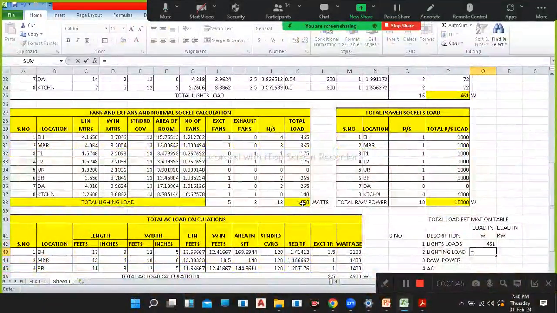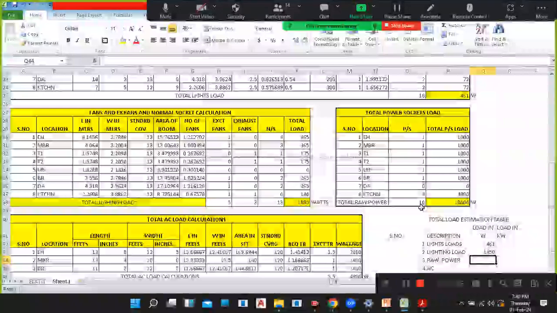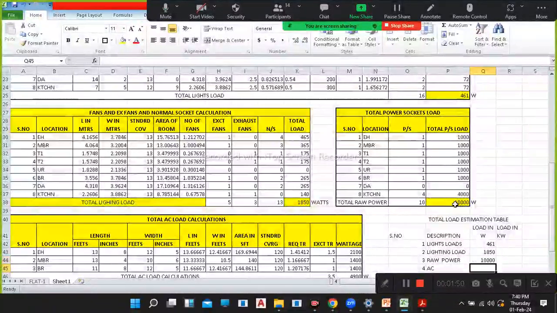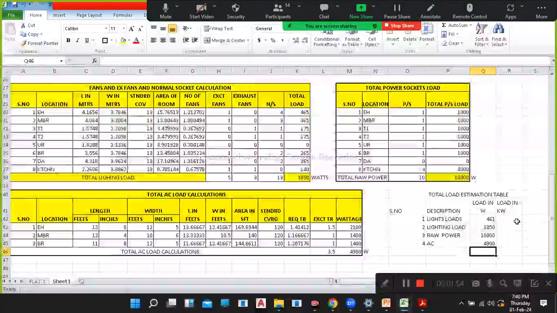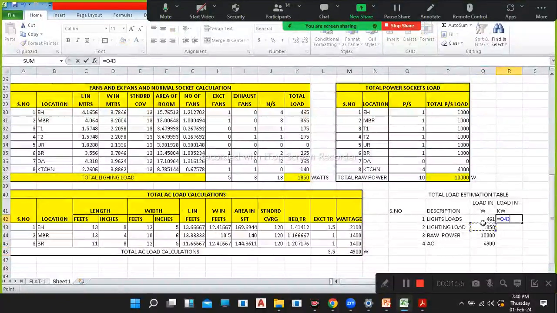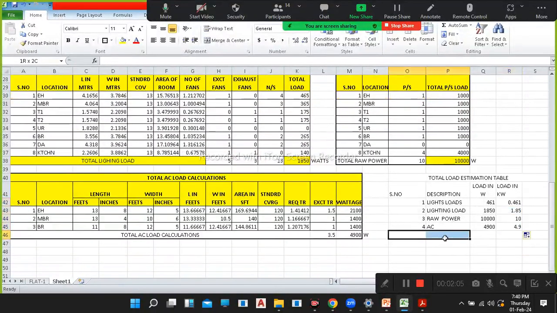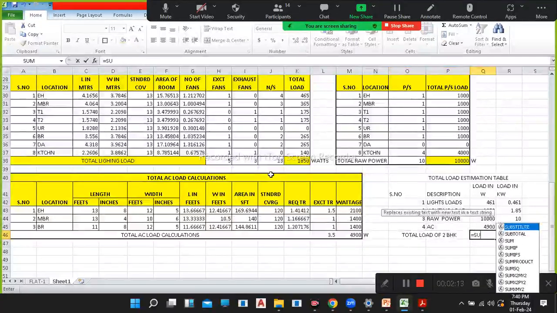Again is equal to, don't write the things manually, just click on them and take those values. Now in terms of kilowatt, that is divided by 1000. Now when it comes to the total load of 2 BHK, that is equal to the sum of.